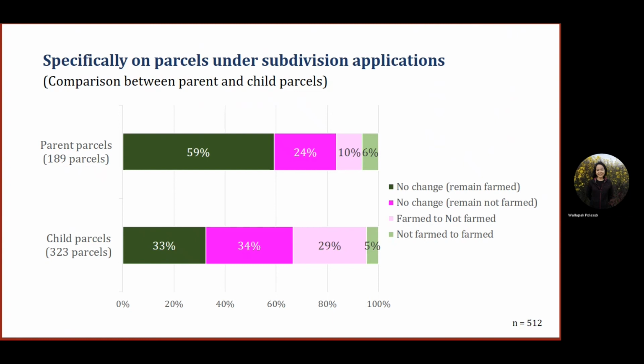The top bar represents parcels that are classified as parent parcels, and the lower bar are those parcels classified as child parcels. And we see here that the area in light pink is larger in the child parcel group, meaning that these are new parcels that occurred after the subdivision applications.